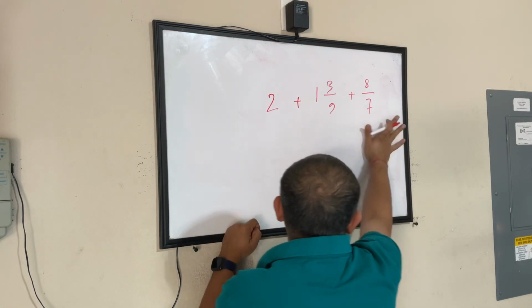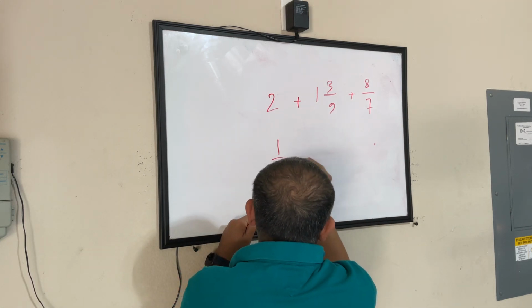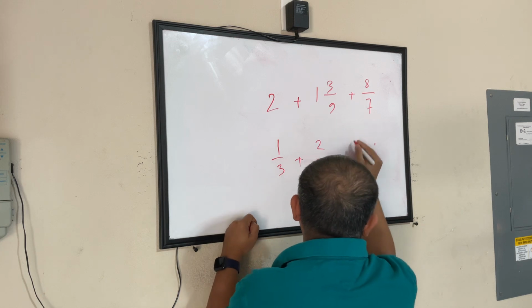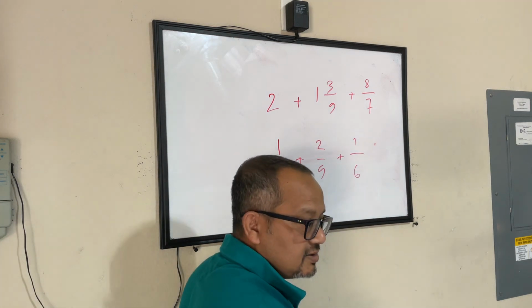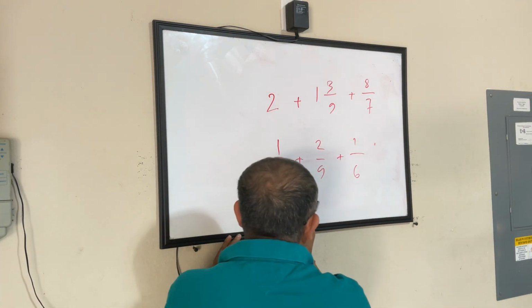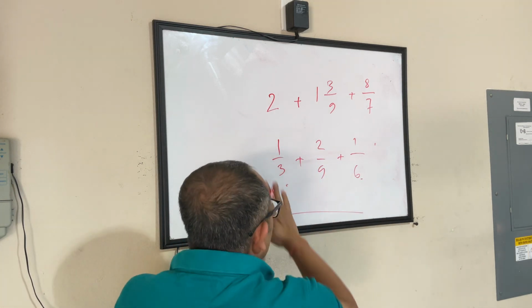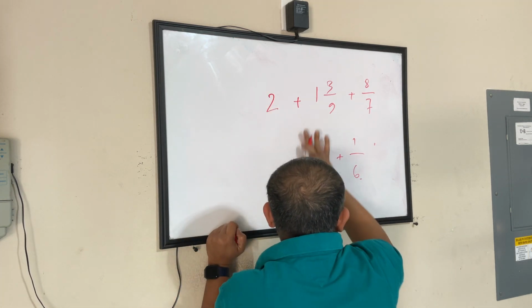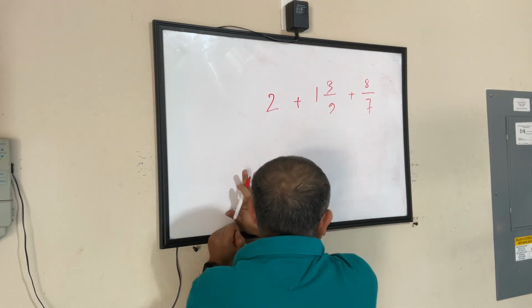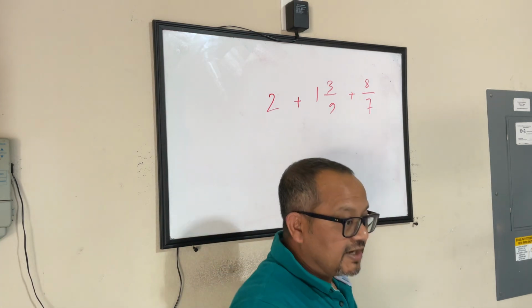If somebody says, add 1 by 3 plus 2 by 9 plus 1 by 6, this also we learned. We have to find the LCM of all these numbers and then do this. So with fractions, I'm still okay. If I have fractions or natural numbers, I'm fine.